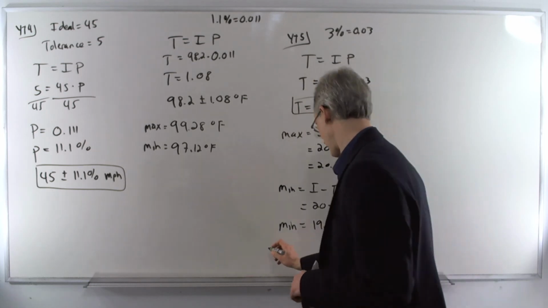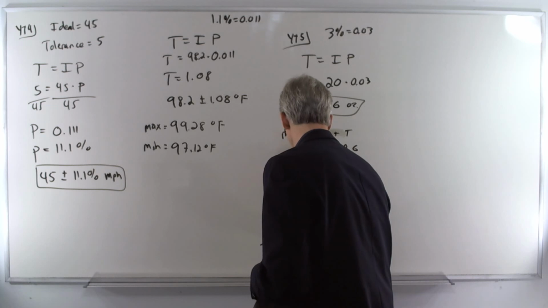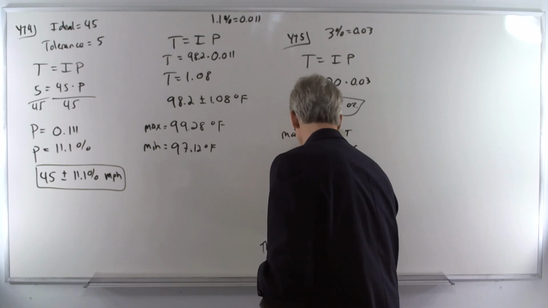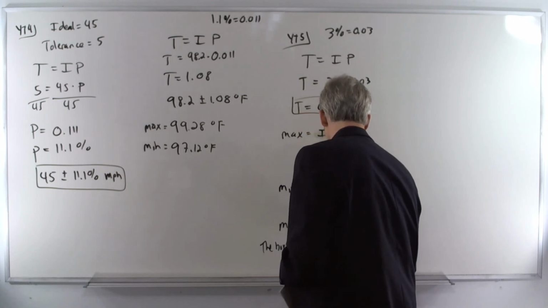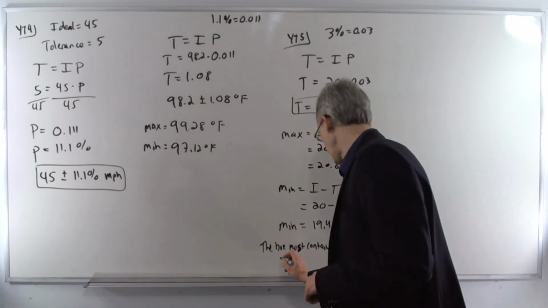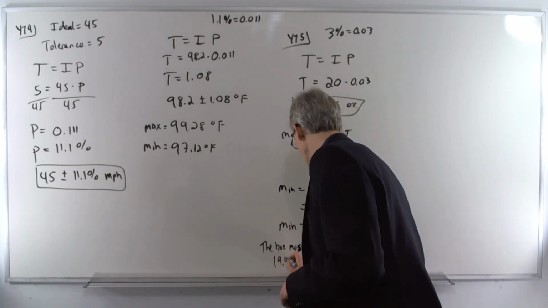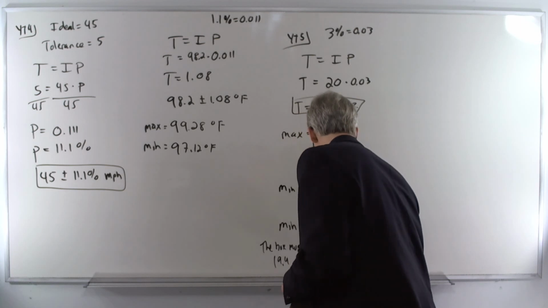So the box must contain between 19.4 and 20.6 ounces.